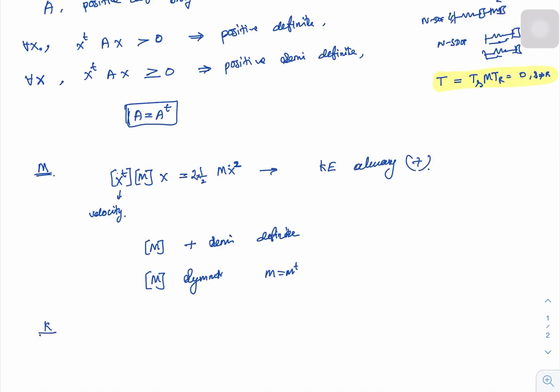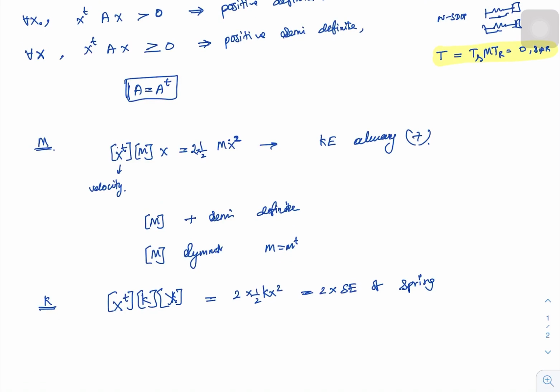Similarly, for K we have x transpose K x. Here x is a displacement, so we can write 2 times half k x square, which is 2 times the strain energy of the spring. Strain energy will never be negative, so it is always greater than or equal to 0.